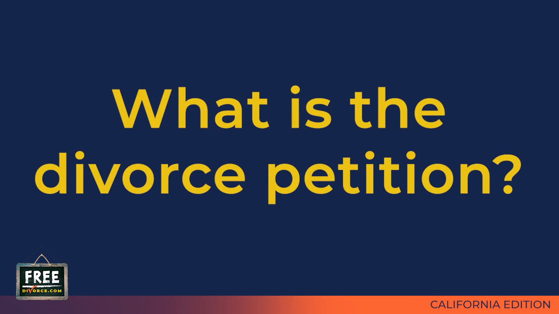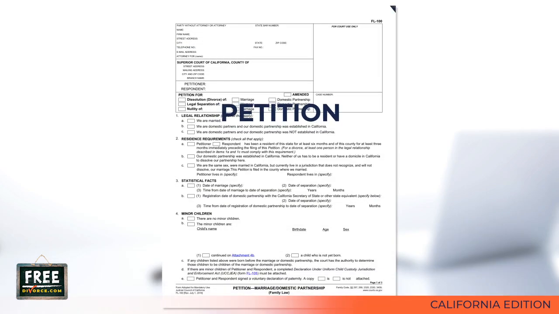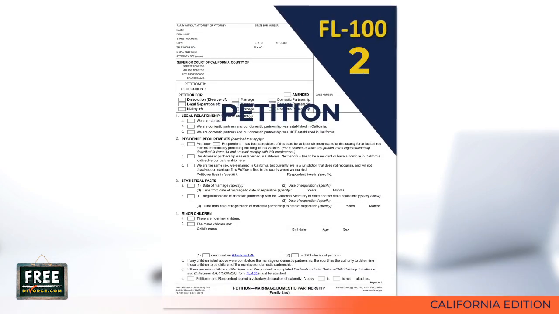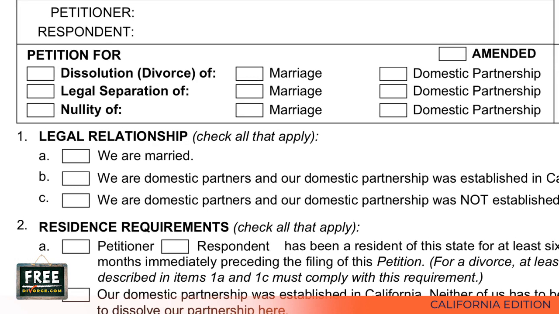What is the divorce petition? The petition, or FL 100, is a 3-page form. It can be used to file for divorce, for a legal separation, or to nullify your marriage. It's all the same form. If you want a divorce, you check the box marked divorce. If you want a legal separation, check the box that says legal separation.